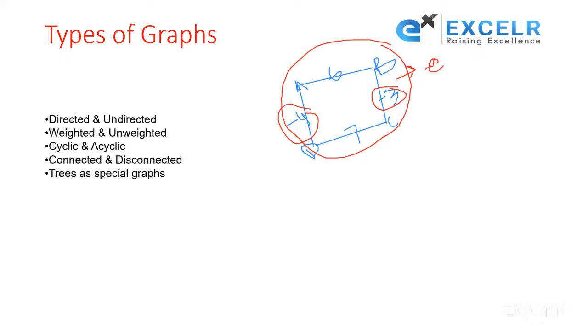So this is a negatively weighted graph. Now my question is, can you give any example where you are finding a graph having negative edges? Anyone? Can anyone give me?